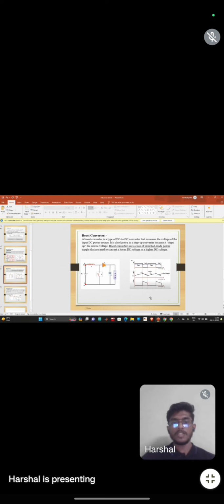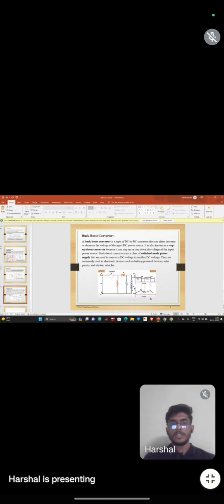As you can see in the circuit diagram, whenever we provide the DC source across the load, the inductor will start to store energy and current will flow through the inductor, and then the switch, which is a MOSFET switch, and directly through the load. At the discharging time, the inductor will release its energy across the diode. In this way it will provide a boosted output voltage to the output side.